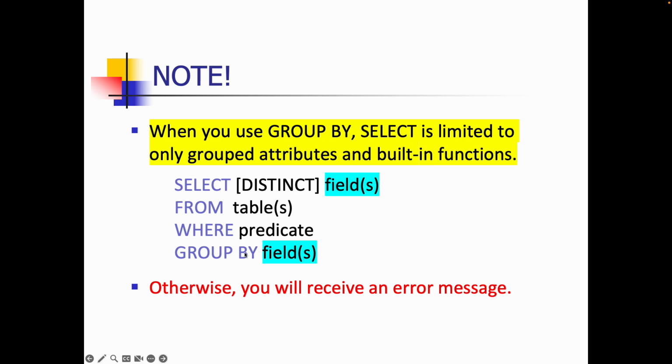For example, if you are grouping by department number here, you are only allowed to select department number plus any other column as long as they are in, for example, average, minimum, maximum, or other aggregate functions. For example, I can write select department number, average salary, maximum commission, or anything like that, but I'm not allowed to write, for example, select salary, department number, because salary is not specified in the group by, and salary alone is not specified with any aggregated functions.